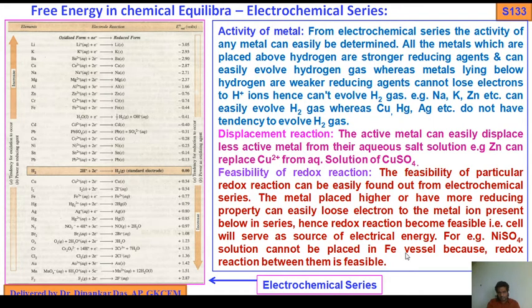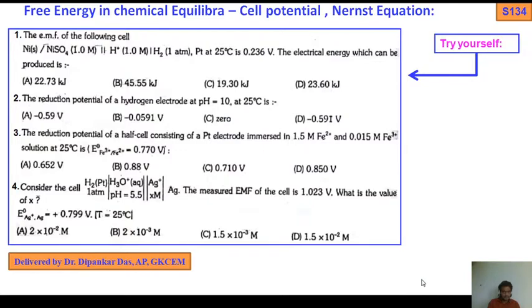So next, move on to homework. Try yourself; here are some problems. The EMF of the following cell: nickel solid, nickel sulfate 1 molar, double vertical line, H plus 1 molar, H2. Here H2 gas is involved at 1 atm pressure. We should mention the pressure along with platinum, as I already told you how to represent a galvanic cell.